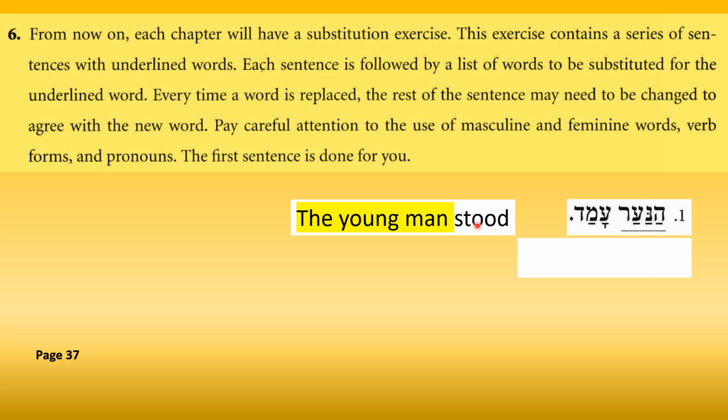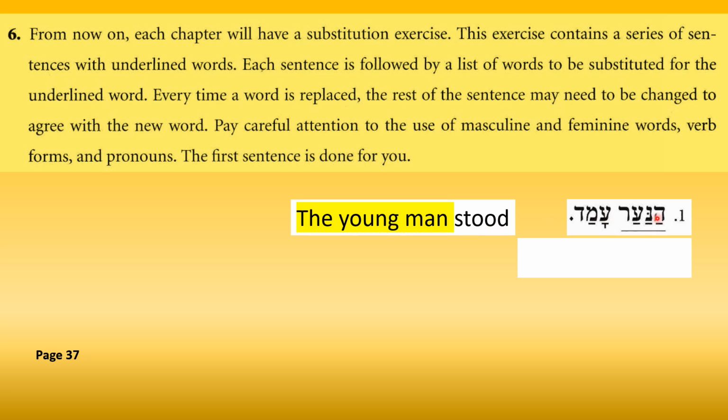Once you have that sentence translated, I would highlight, or underline, or however you want to do it, the word that needs to be replaced. As the sentences get more complicated, I might highlight in a different color, or circle, or do something different with everything else in the sentence that might need to change if you change the subject or the noun that is being substituted for here. All right.